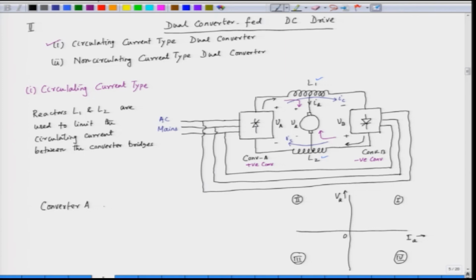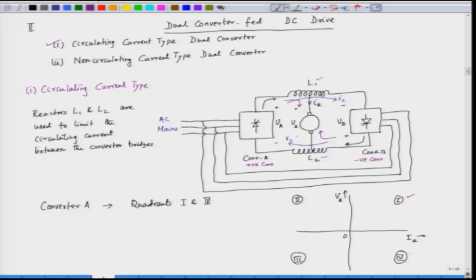Converter A can operate in quadrants 1 and 4, because for converter A the voltage can be negative, because this is a full control bridge. When alpha A is higher than 90, voltage can be made negative, but the current has to be positive.